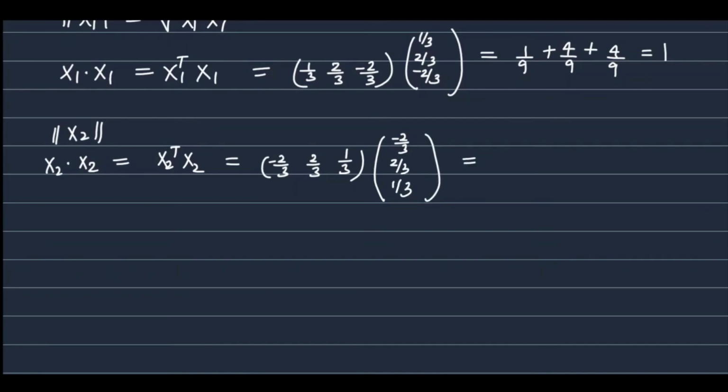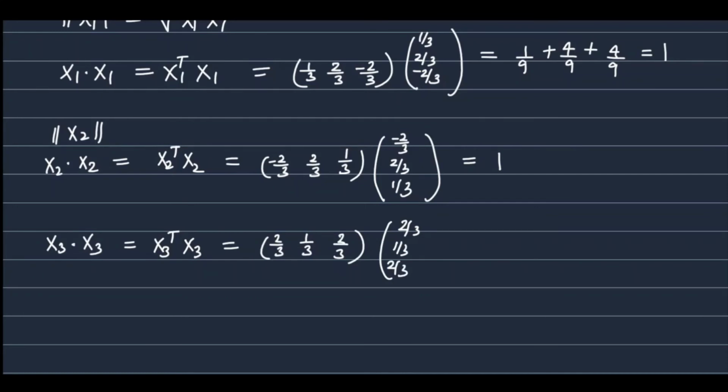Again we will get its dot product as 1, and similarly x3 dot x3, which is x3 transpose x3, is 2 by 3, 1 by 3, 2 by 3 times 2 by 3, 1 by 3, 2 by 3. Again, when we do matrix multiplication, we see that it is equal to 1.